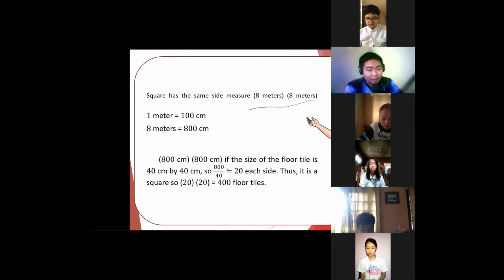Therefore, 1 meter is equal to 100 centimeters. So 8 meters would be 800 centimeters. So 800 centimeters by 800 centimeters. If the size of the floor tile is 40 centimeters by 40 centimeters, we're going to divide: 800 divided by 40.